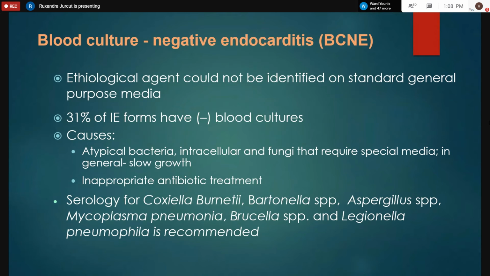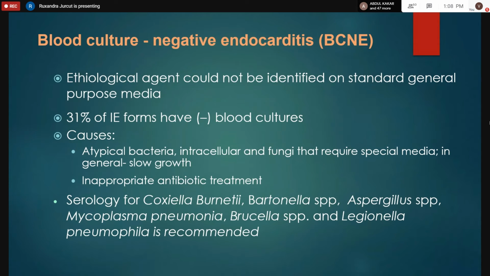And then we should think of contacting the lab, talking to the microbiologists about the possibility of having atypical bacteria with special forms of growth, intracellular growth, or fungi, which require special growth media.